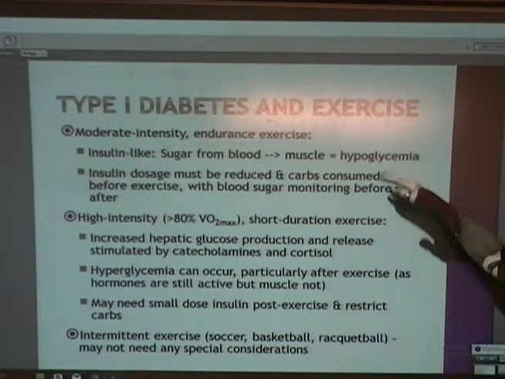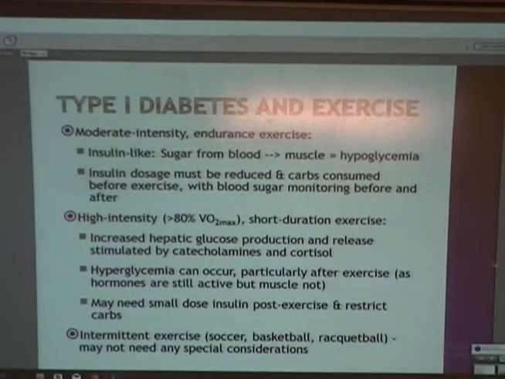So we want to drop their insulin dosage down, make sure that they've had some carbohydrate, make sure they have carbohydrate with them, or that you have carbohydrate in case they get a hypo attack. Right?